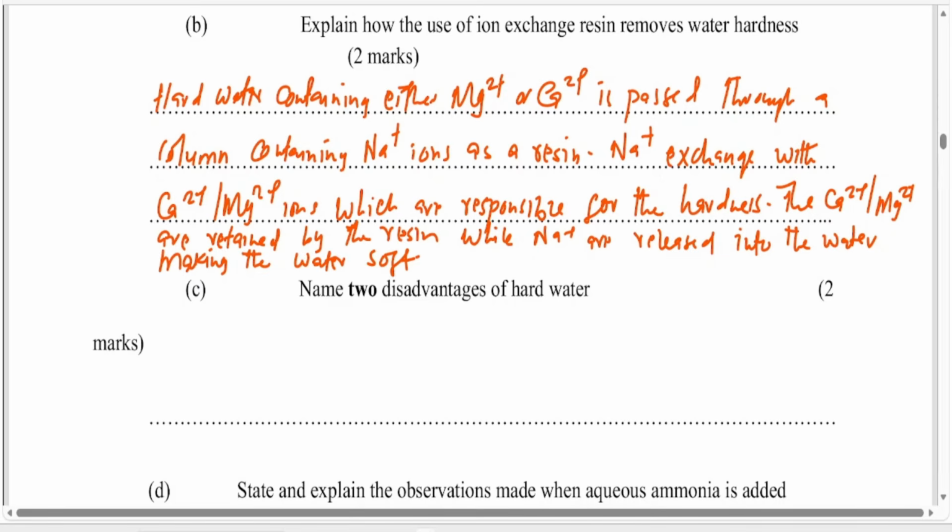So that's how we use ion exchange to remove water hardness. This explanation gives you 2 marks.